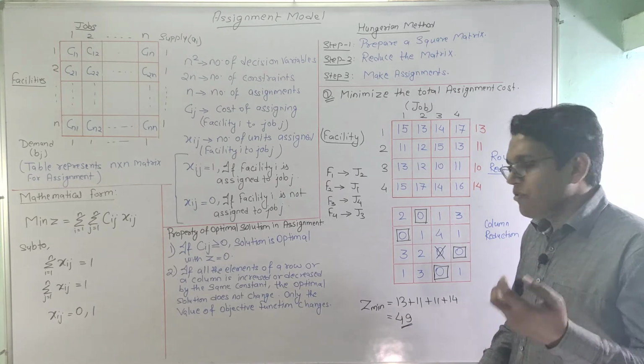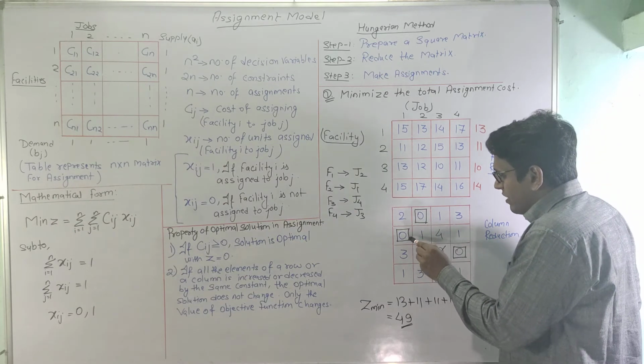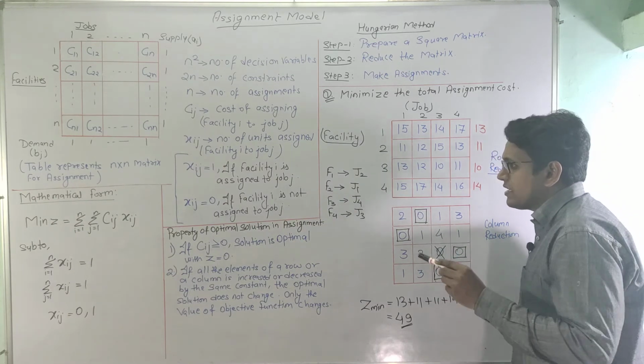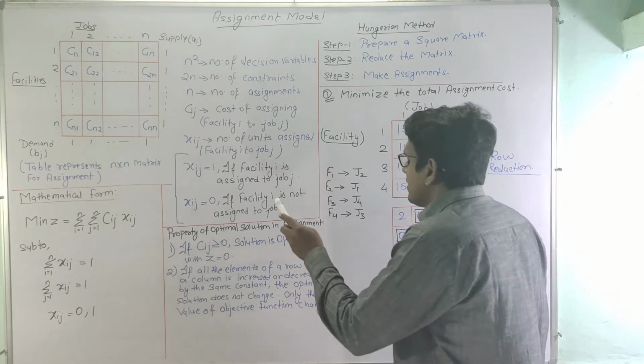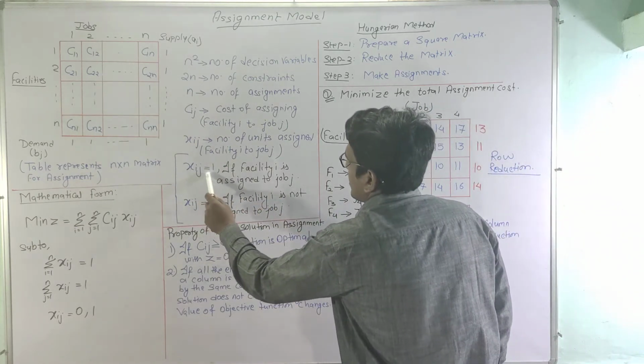And there is one more confusion. When we are assigning the zeros here, we are saying that for these particular assigned cells the value of xij is equal to 1.